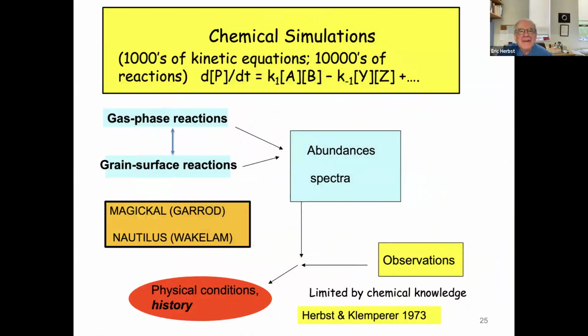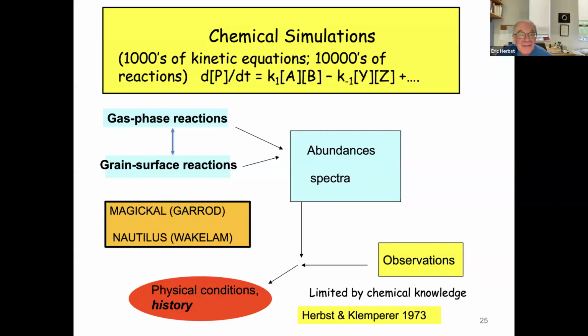All right, so what we now do when we have so-called chemical simulations, we look at any type of region in the interstellar medium, such as we can look at clouds collapsing, we look at what happens afterwards. And we get a lot of information just from either calculating or measuring the rates of reactions.